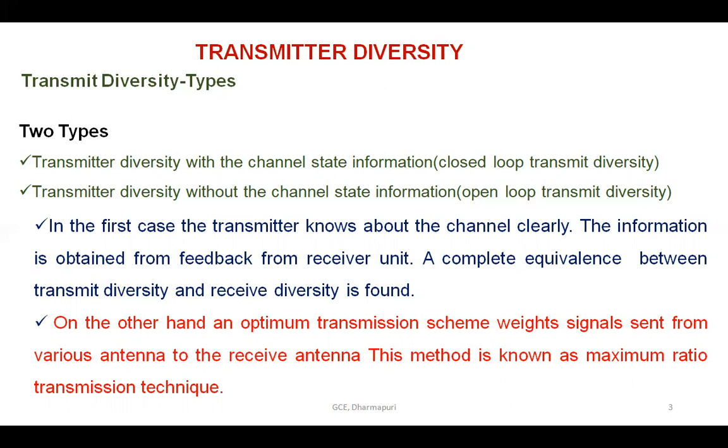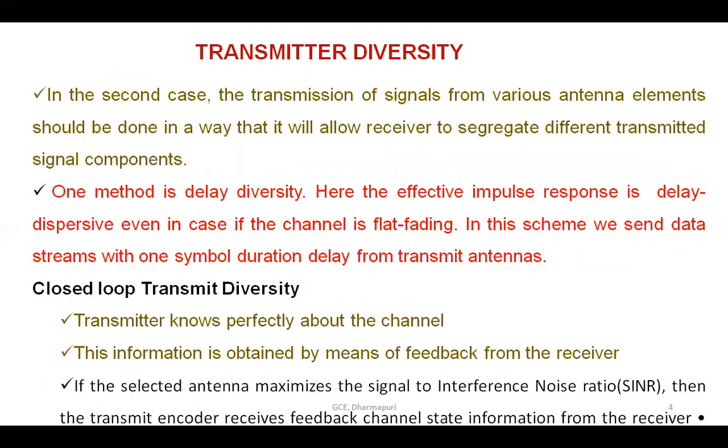A complete equivalence between transmit diversity and receive diversity is formed. An optimum transmission scheme weights signals sent from various antennas to the receiver antenna. This method is known as the maximum ratio transmission technique.